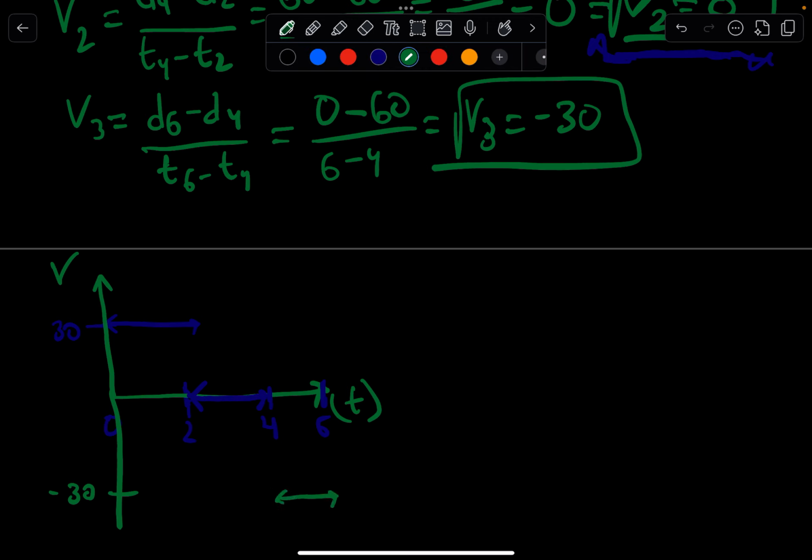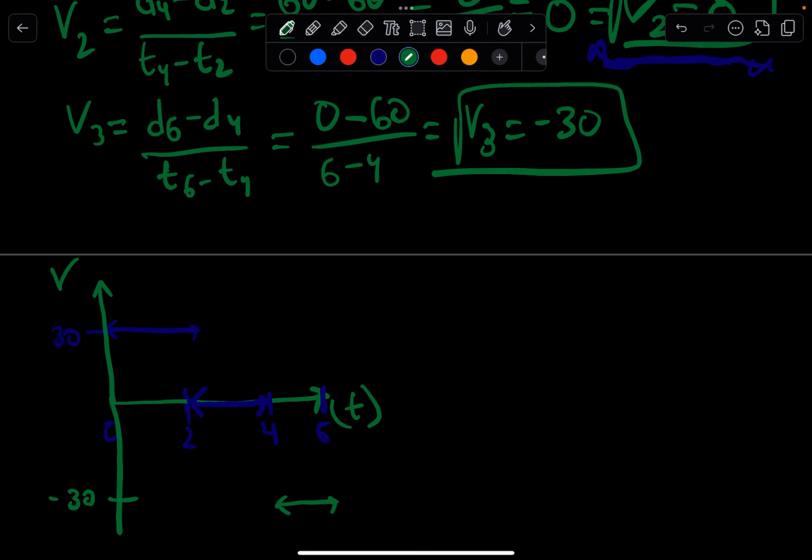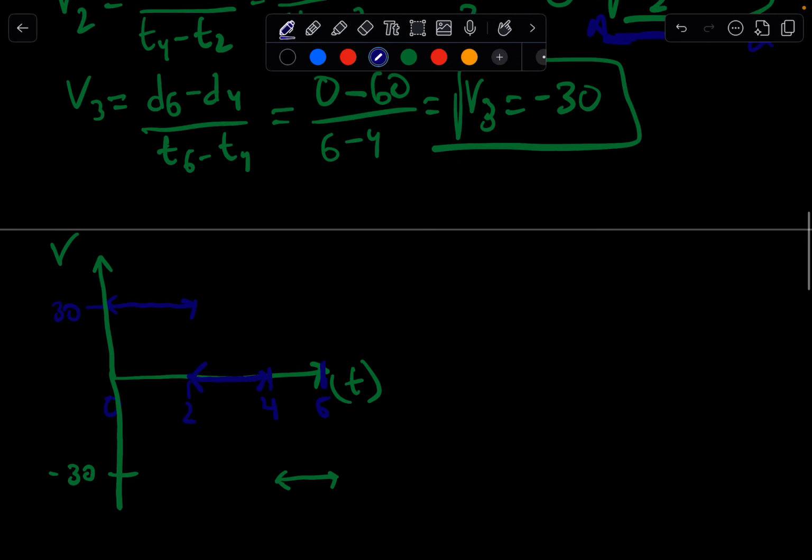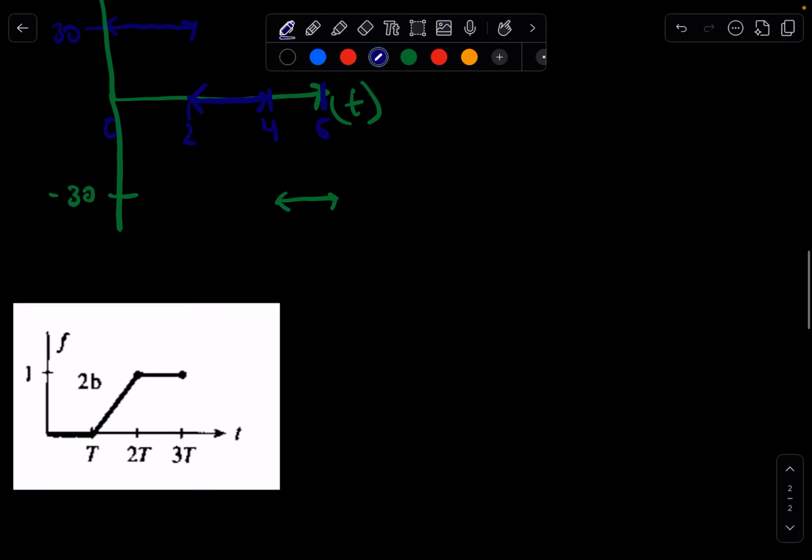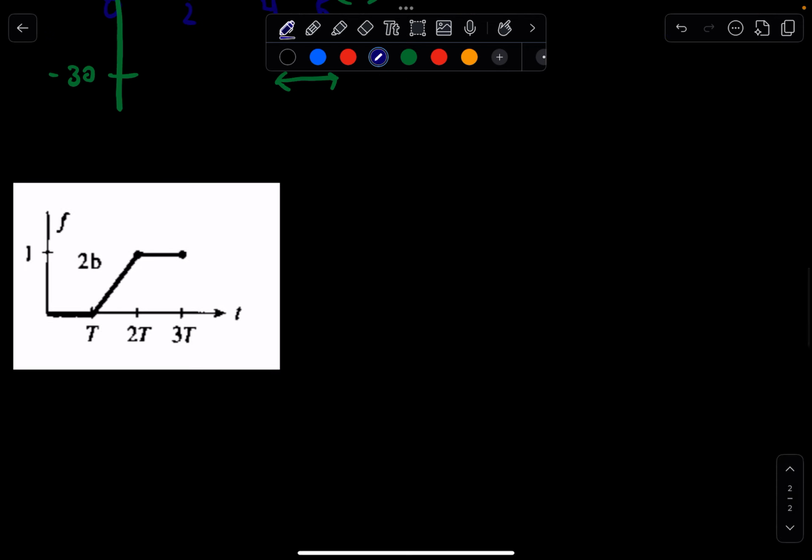Later on we're going to see what happens at these points right here, whether it's a continuity or discontinuity, because what happens at exactly time 2? That's probably a question some of you are having, but we can talk about that in another video. This is just some of the basics so we can understand some of the basic relationships between velocity and distance. We can solve this one real quick.